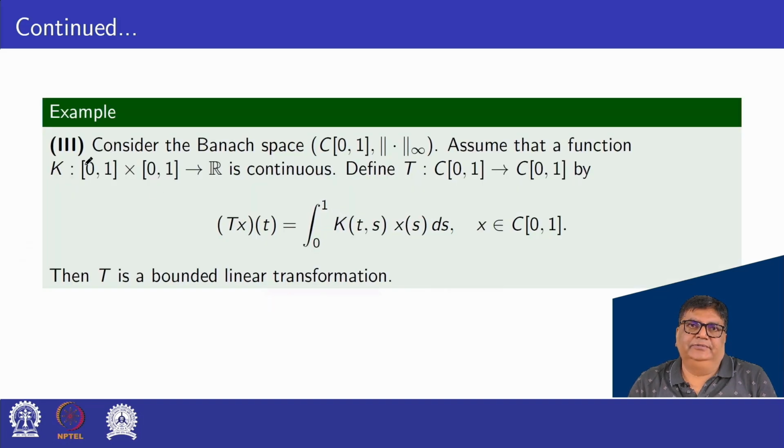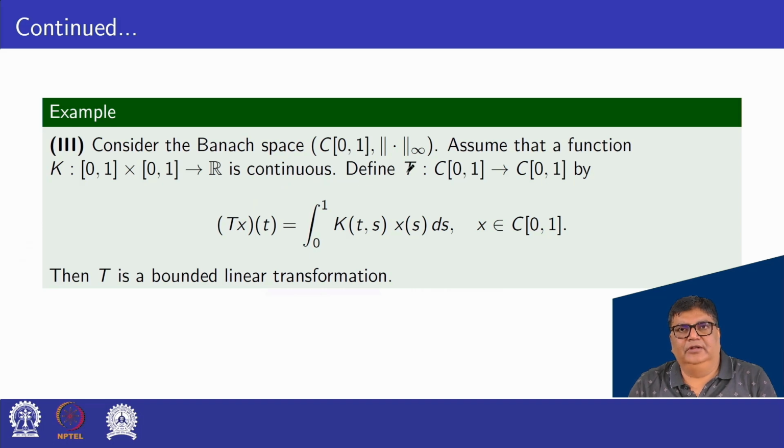Third example. Consider a Banach space C[0,1] under the infinity norm. Assume that the function k from the closed interval [0,1] cross closed interval [0,1] to R is continuous.